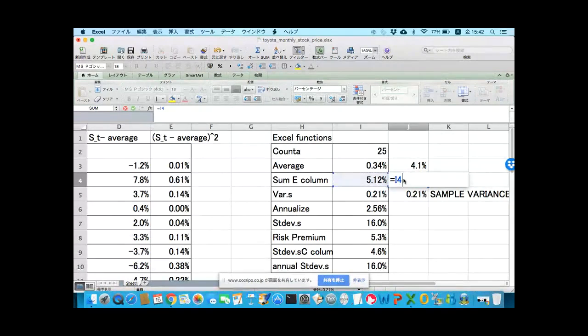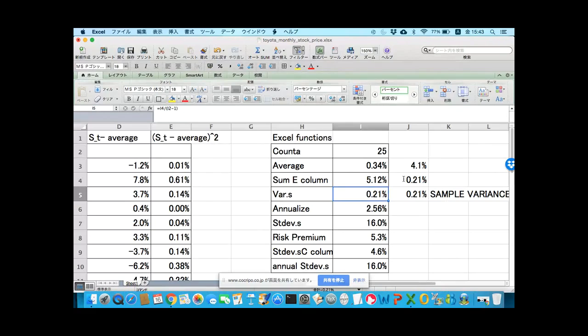So the result would be, 24 means 25 minus 1 degree of freedom of this series. So 0.21 is the sample variance on a monthly basis, right? And the Excel function is very convenient.